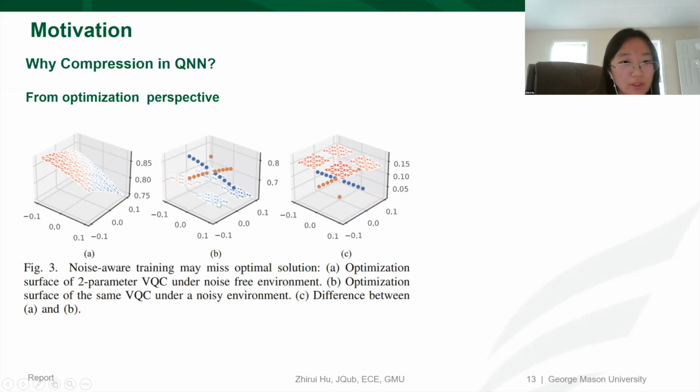But when we run the process in the noise environment, we can see that there are some points out of the surface. This is because these points are where the parameter is 0.